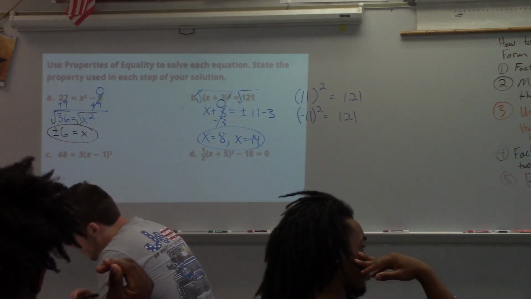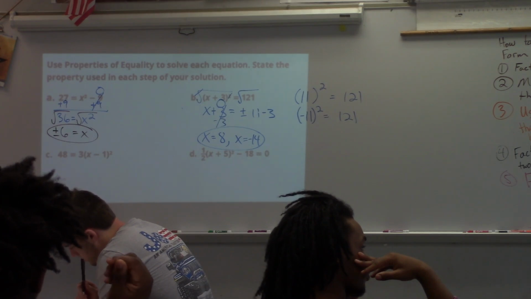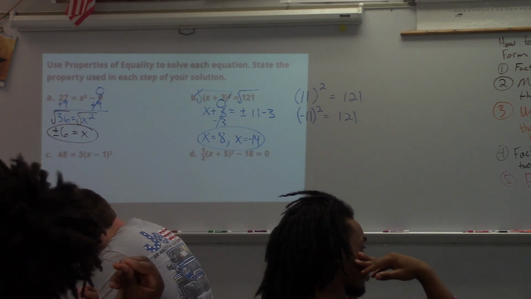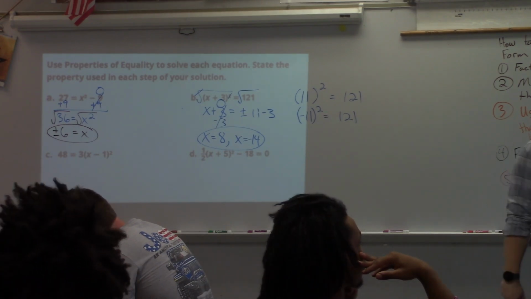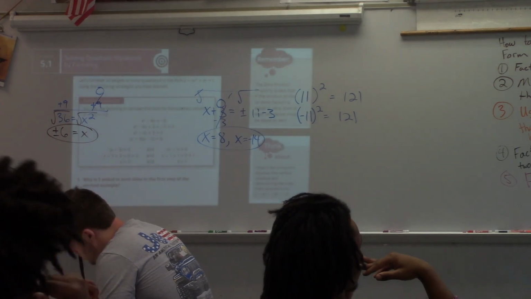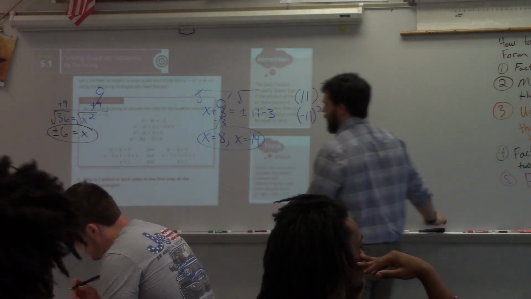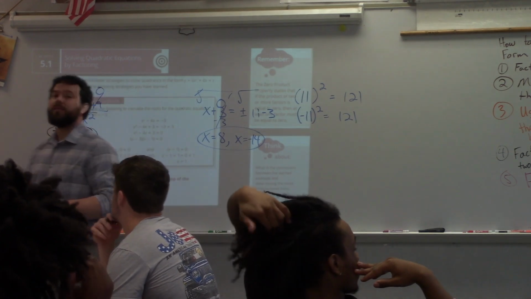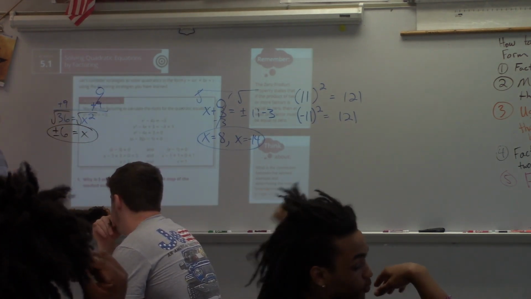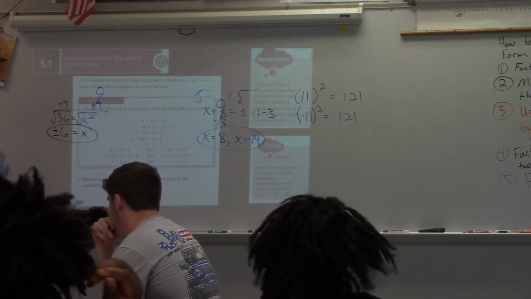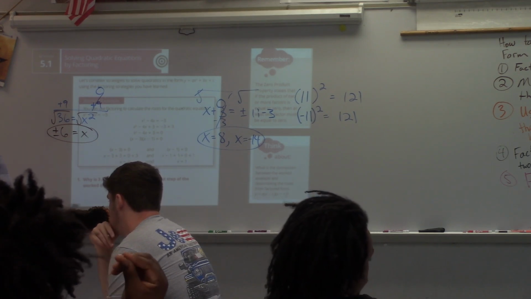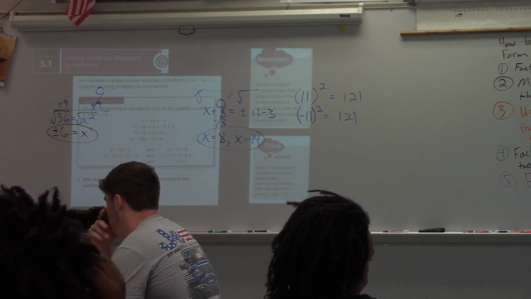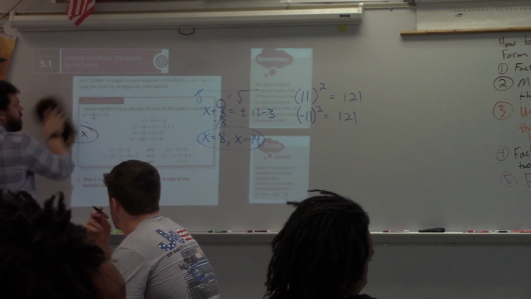But here's the thing. That's only when we're solving quadratics in what format? Vertex form. What happens if it's in standard form? Can I use inverses? I cannot use inverses to solve the entire equation. That's what you need to remember. If it is in standard form, I cannot use inverses with properties of equality the whole time.